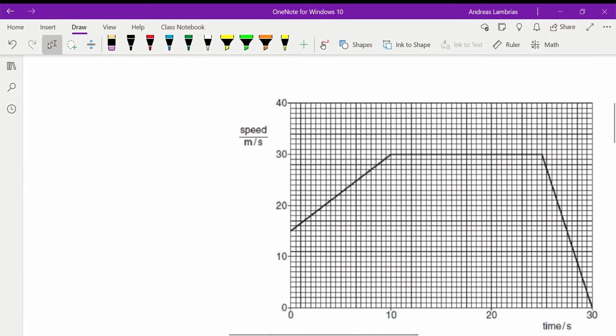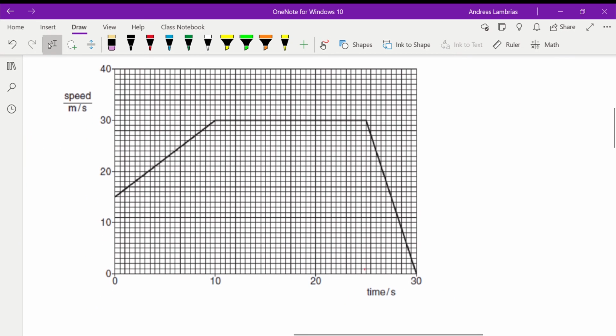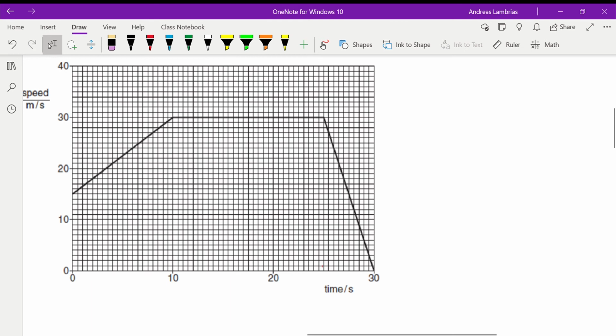I have attached one more graph, and I would like to practice this again. Find the acceleration of the first part of this graph over there. So remember, again, we always start by saying acceleration equals the gradient.